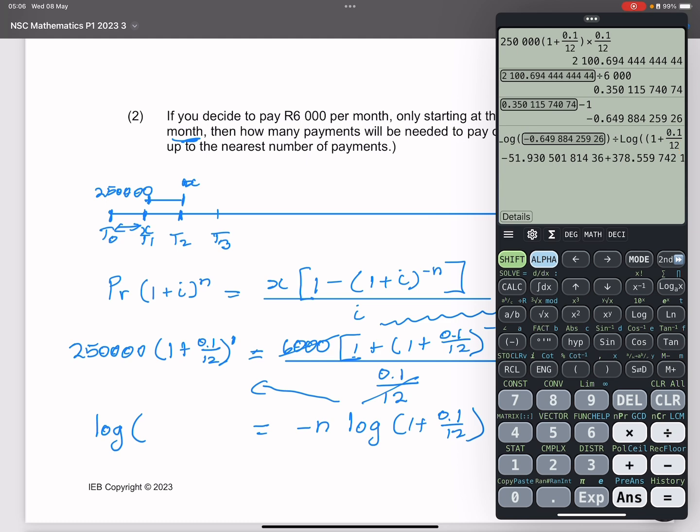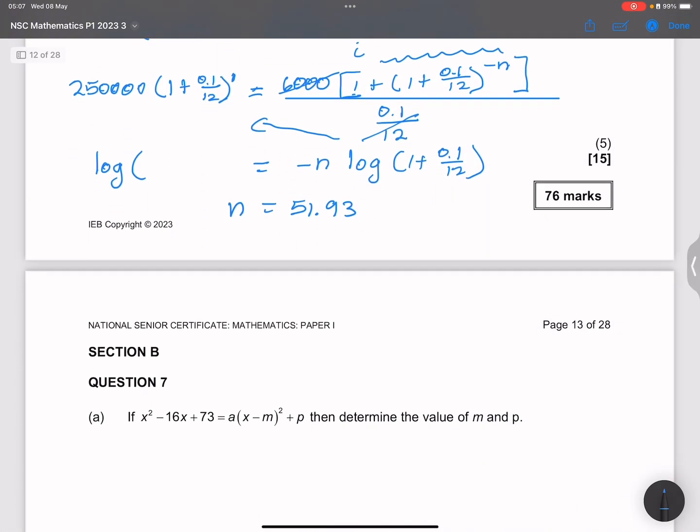And in this case, what does that give us? That would be negative 51, and remember minus n is equal to that, so n would be 51.93. Remember, that would be the number of months, isn't it?